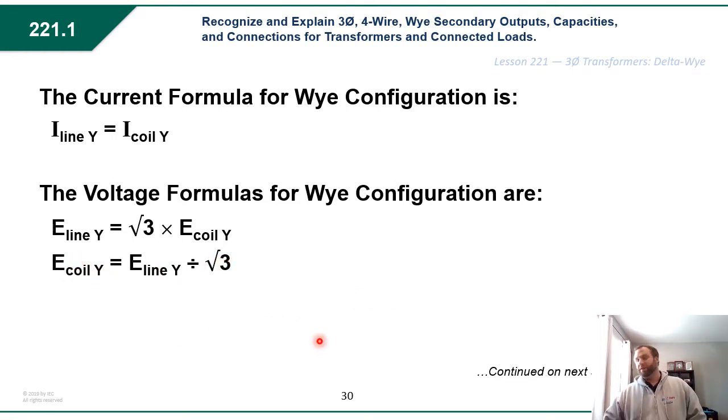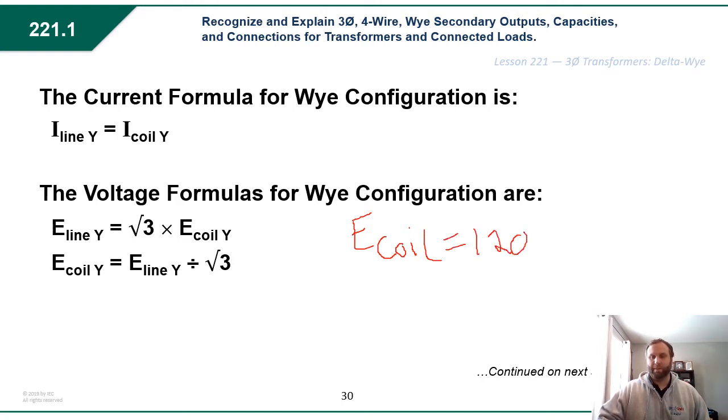So for example, if my coil voltage is, let's see here, E coil equals 120, and I want to know what my E line is, I take my E coil, or 120, and I multiply it by the square root of 3, or 1.732.